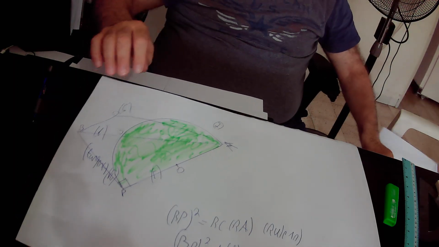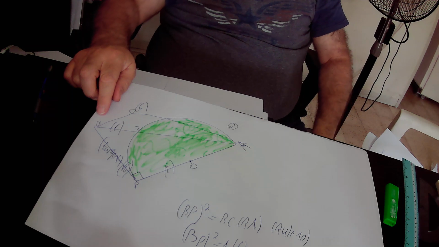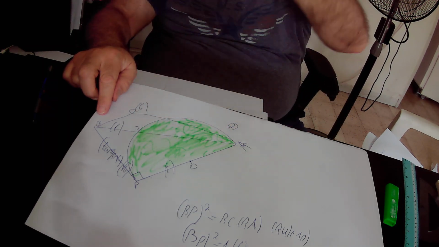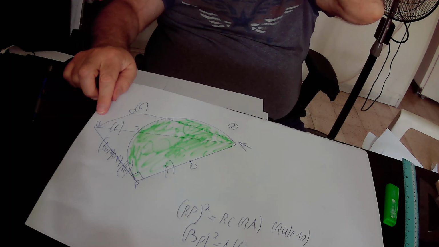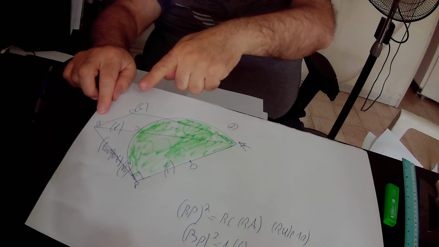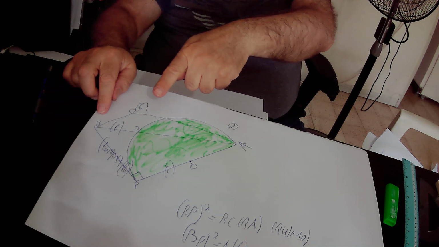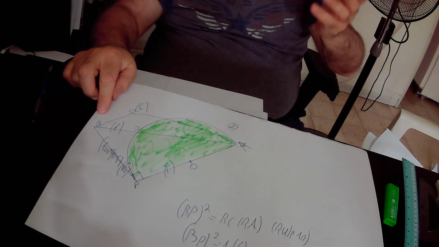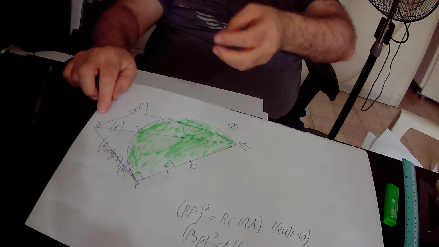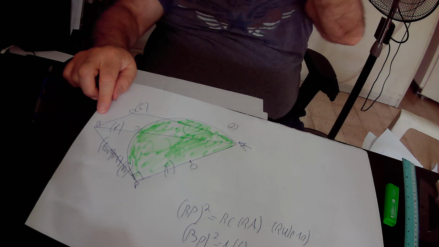In our drawing, from the common external point B, we have tangent BP that is tangent to this green semicircle at point P. In addition, we have this straight line that cuts the semicircle, creating chord CA. So again, all the requirements of Rule 10 are satisfied, and therefore we can implement Rule 10.